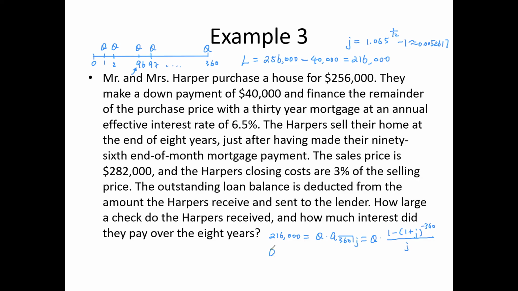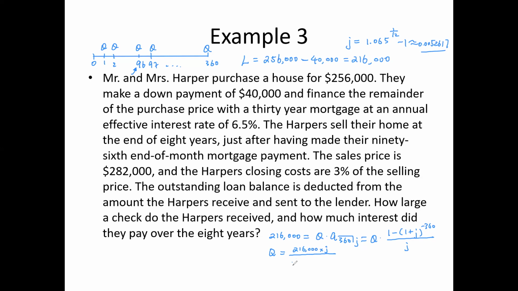So we can calculate Q to be 216,000 times J. I'm just going to write J because that decimal number is a bit too long.